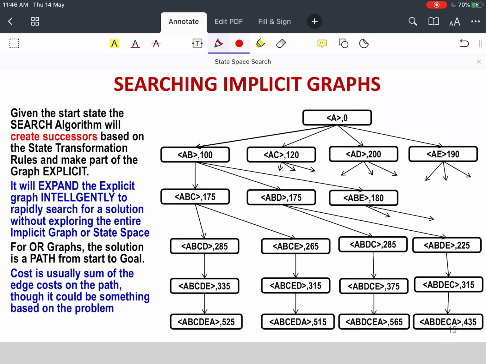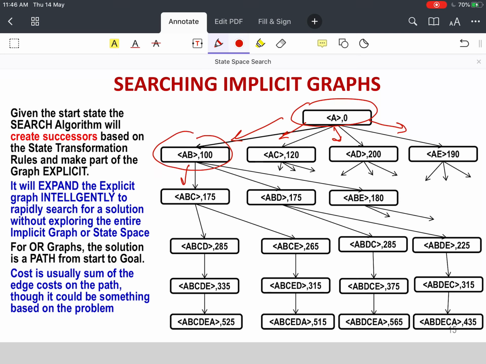So as we have discussed earlier, the searching of these implicit graphs is not done by first making the whole implicit graph explicit. So we start with the start node and then we intelligently create successors.